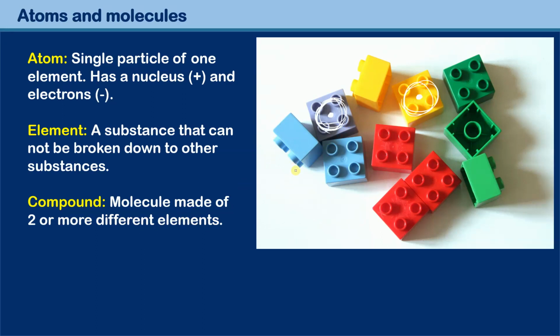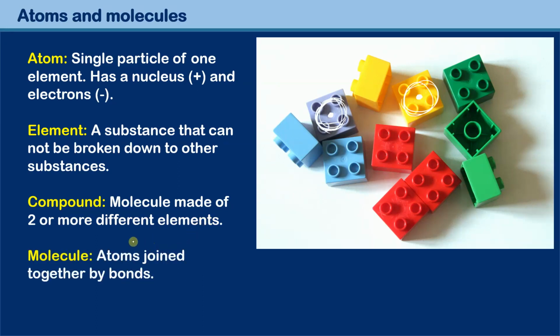So for example, if I have two of these blue ones bonding together and being put together, we do not have a compound because they are of the same color. But if I have two of them of different colors sticking together, then I refer to this as a compound.